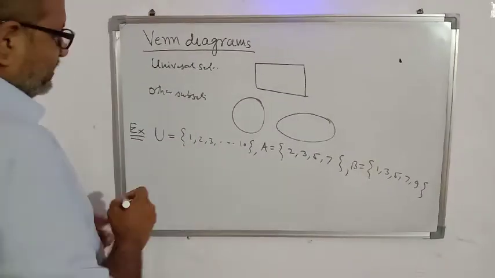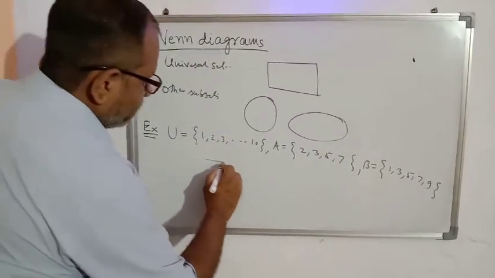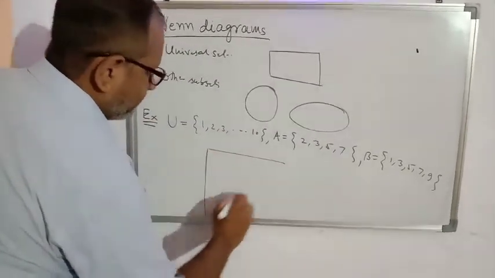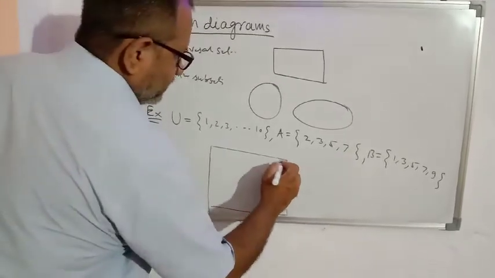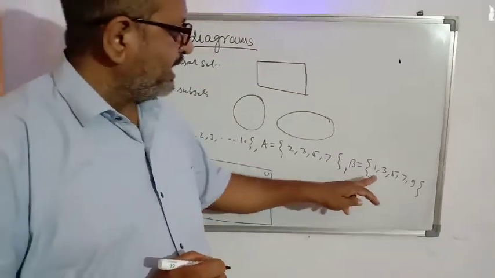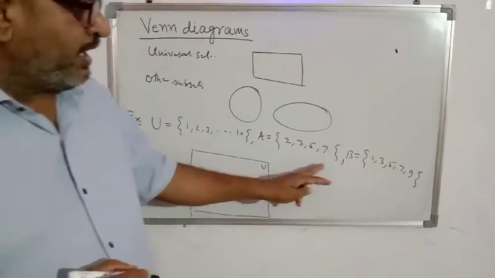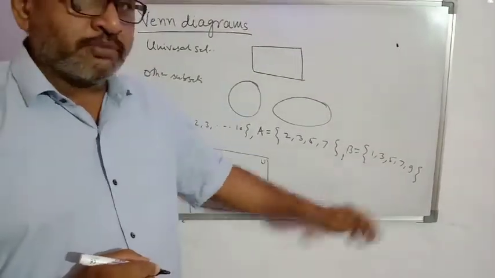So how will we represent it? We know that the universal set is represented by a rectangle. So we will draw a rectangle. This is the universal set. Now see the sets A and B. Are A and B overlapping sets or disjoint sets? That means, is any element common in both?